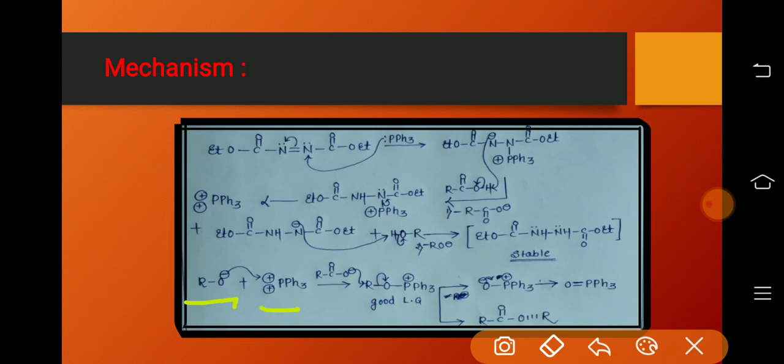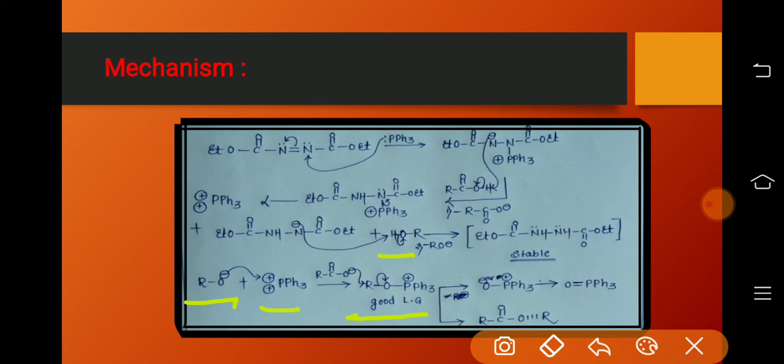So, students, this is the driving force of this reaction, that is, the formation of the oxygen-phosphorus bond. This oxygen-phosphorus bond is a very strong bond, hence it converts the hydroxy group from a bad leaving group into a triphenylphosphine oxide good leaving group.